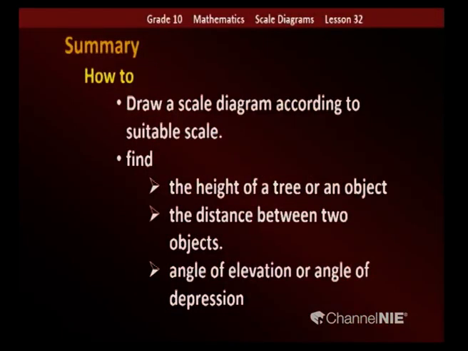And using the scale drawing, you know how to find the height of a tree or an object, the distance between 2 objects, and the angle of elevation or angle of depression. Okay. These are the things we learned today. I think you have understood very well.